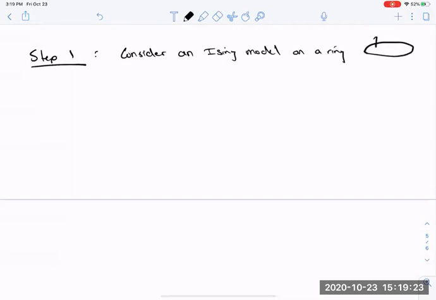So we have spins periodically arranged on a line that intersects itself. On such a ring, the partition function is a sum over spin 1 being plus or minus 1 up to spin n being plus or minus 1.